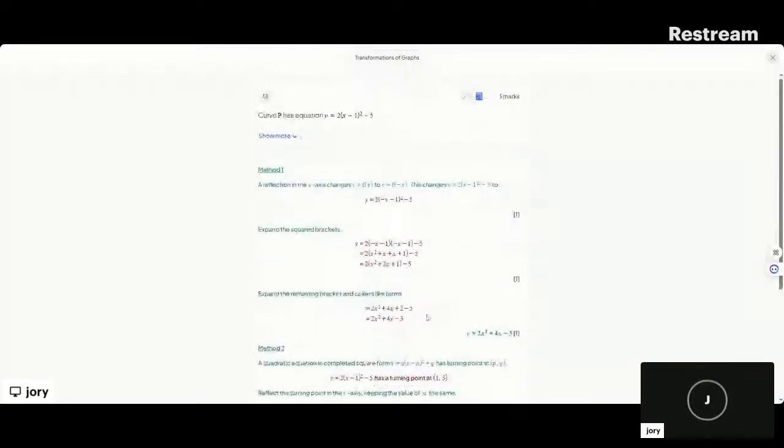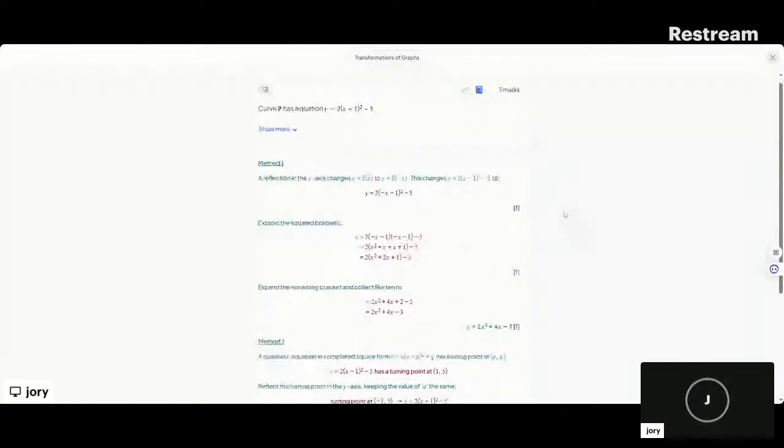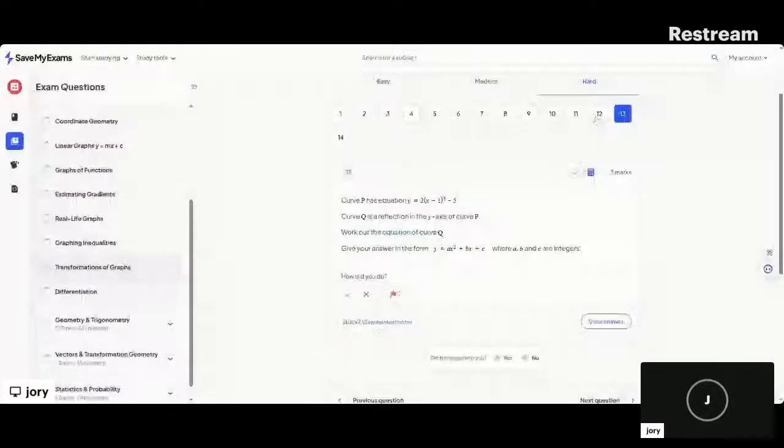Why did they just expand? Okay, I need to revise this. So let's screenshot it. I can send it to my mom. Paste. What else do I need to revise?